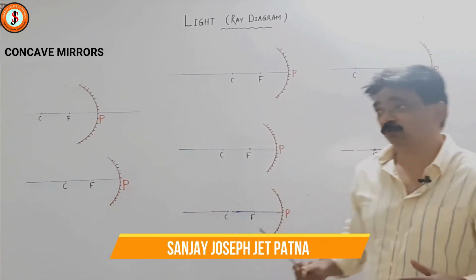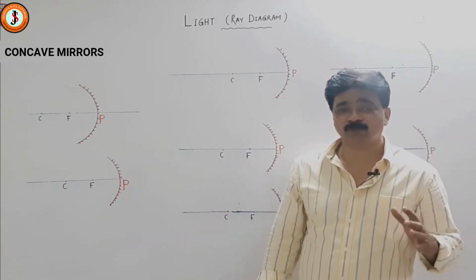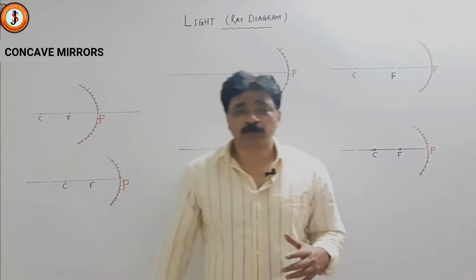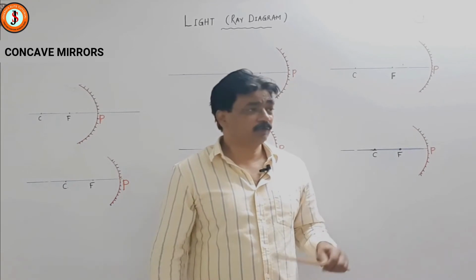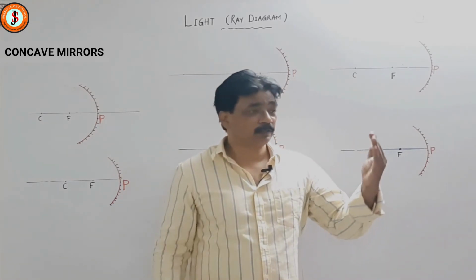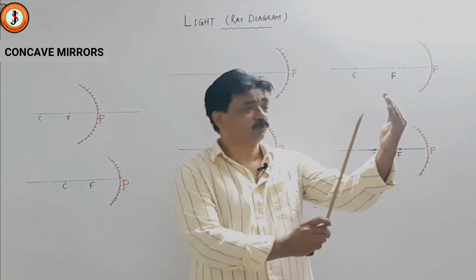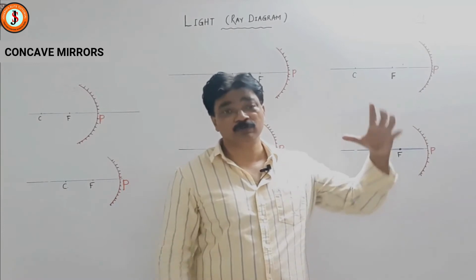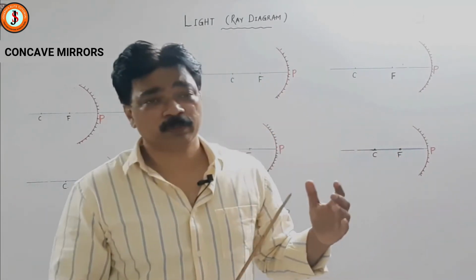Now, let us try to see the formation of images, the ray diagram of formation of images formed by a concave mirror. So, let us try to understand while making the ray diagram, because it's all practical. When you keep a concave mirror here and you move the object very close, you will see the image which is very bright and very large and virtual.